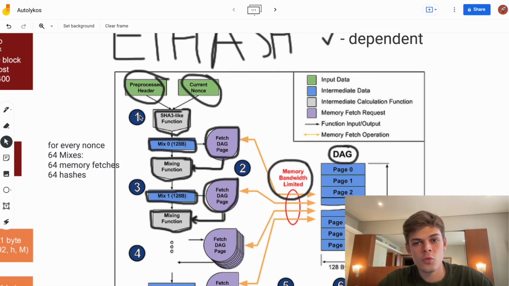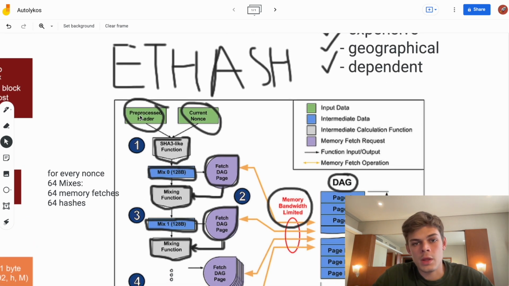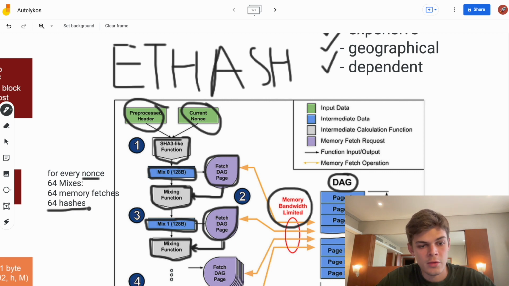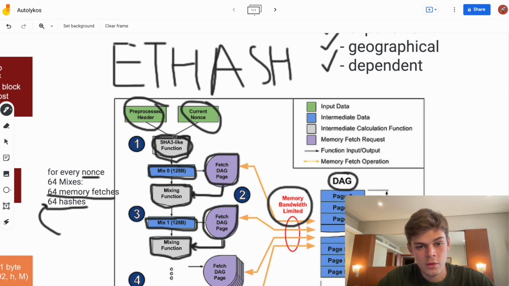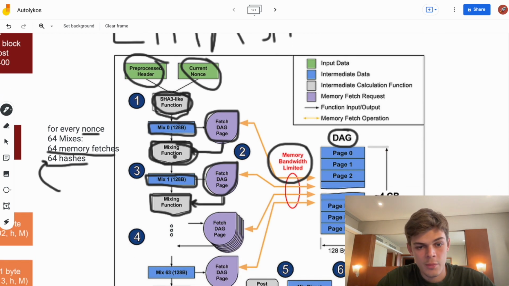So you might ask why. Well, you thought Ethash was memory hard, so how can ASICs be developed? The reality is that, as we mentioned, for every nonce test, there's still 64 hashes being done. While there are 64 memory fetches, there's still a lot of optimization that can be done for increasing the speed at which all these SHA-3 like functions take place, right?